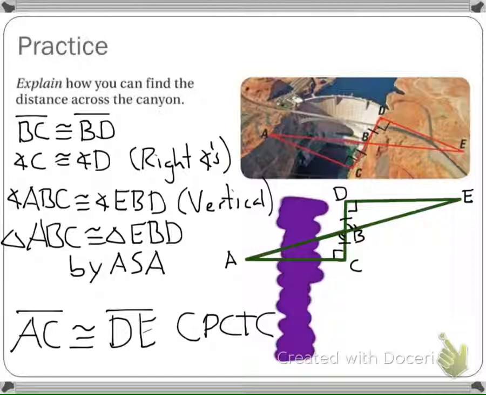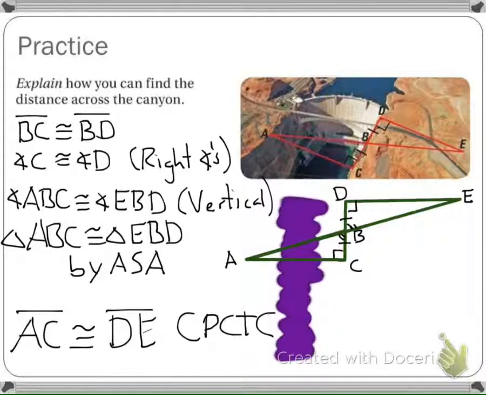So because we have that the corresponding parts in those congruent triangles are the same, to fit the context of the problem, we could figure out how far across the canyon is by looking at the distance from D to E. Same thing if we want to know how far it was from A to B. Although it's not the distance across the canyon, it is some length, we could use the corresponding parts.